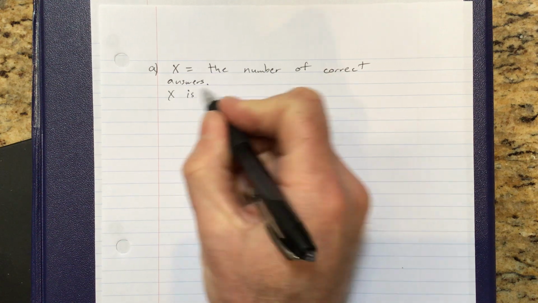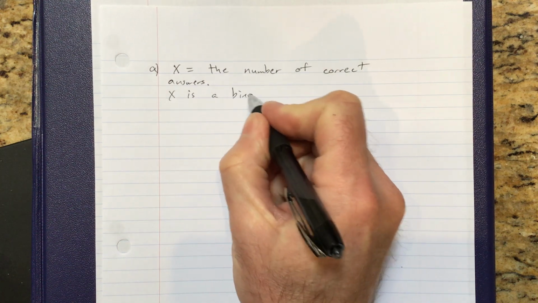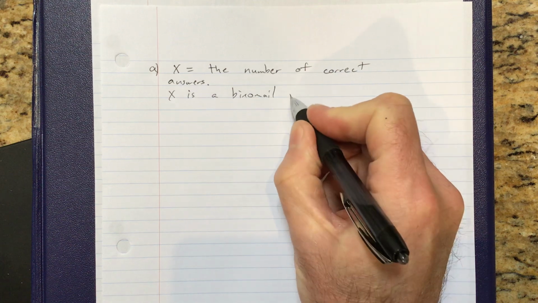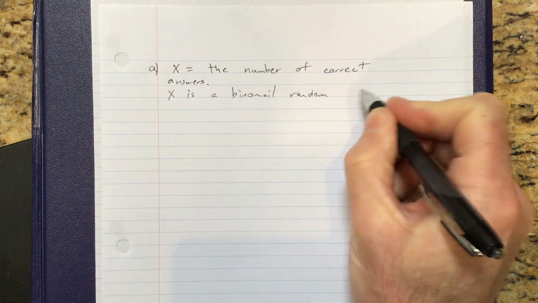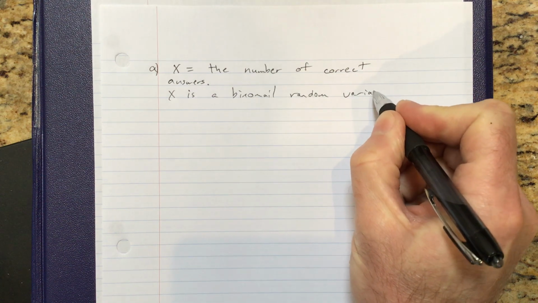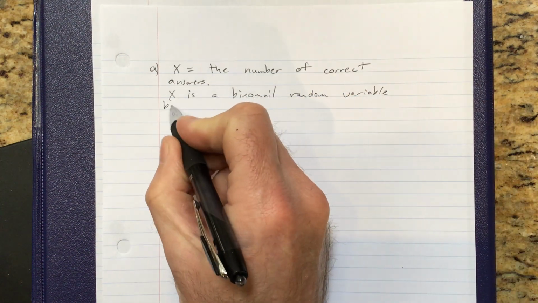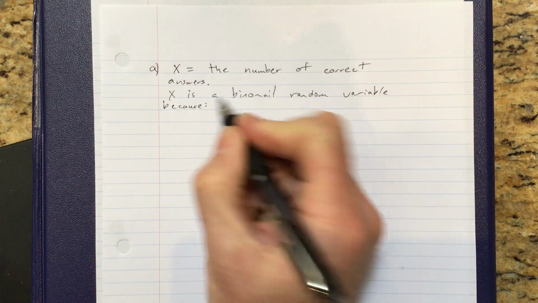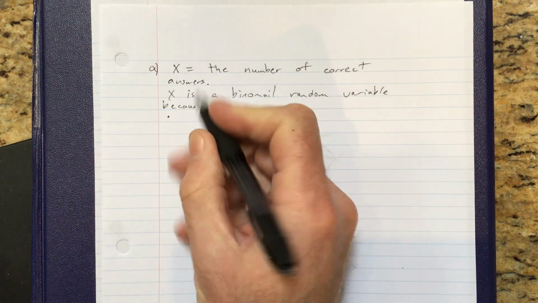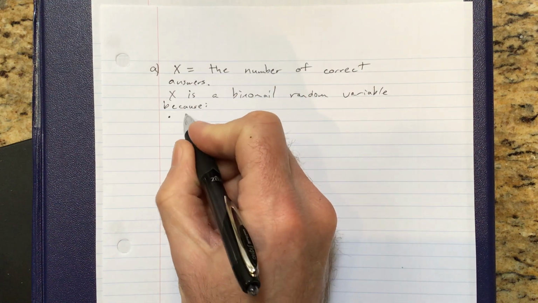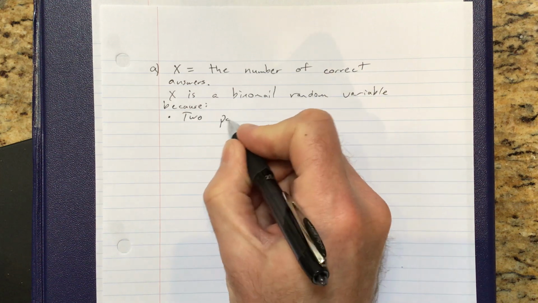Okay, so X is a binomial random variable, because: two possible outcomes.